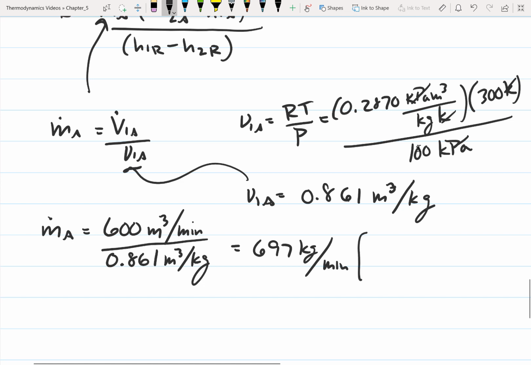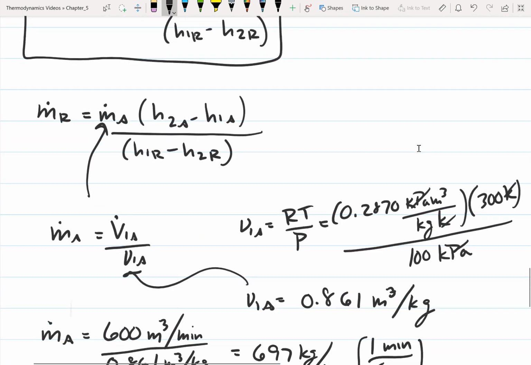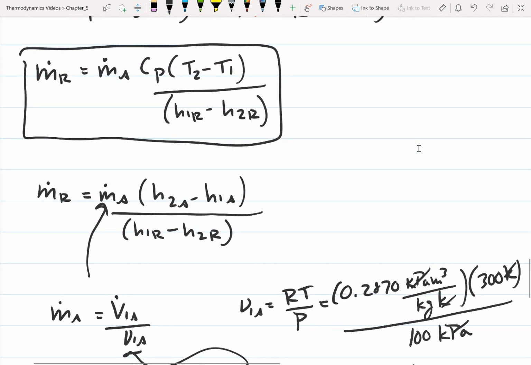I'm going to convert minutes into seconds because that's a little more standard. So 1 minute over 60 seconds. Then the mass flow rate of the air is equal to 11.6 kilograms per second. All right, so now we have everything we need to plug into either of these two equations and solve. We know the mass flow rate of the air, we know the specific heat, we know the temperatures, we know the enthalpy of the inlet and outlet of the refrigerant.